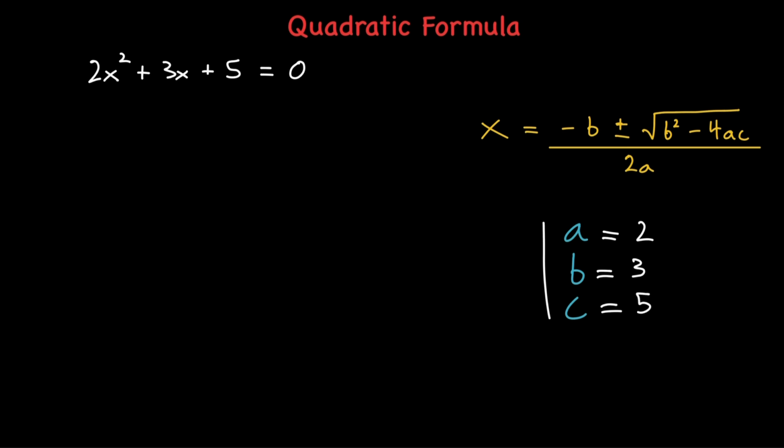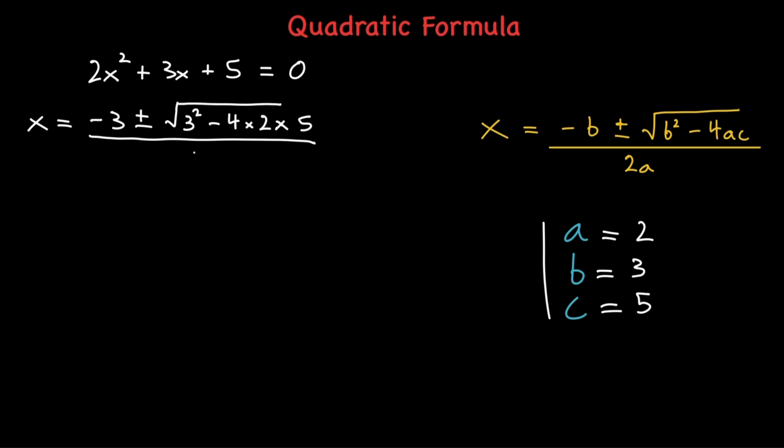And now we substitute those values into the quadratic formula. So x equals minus b, so minus 3, plus or minus square root of b squared, so 3 squared, minus 4 times a, which is 2, times c, which is 5, on 2a, which is 2 times 2, and that's 4.